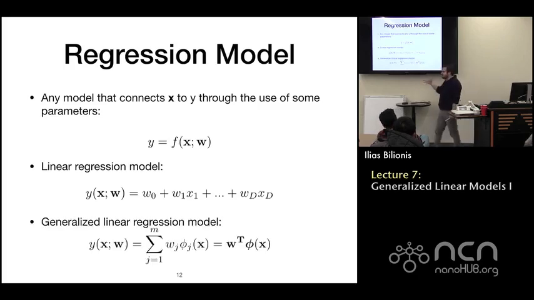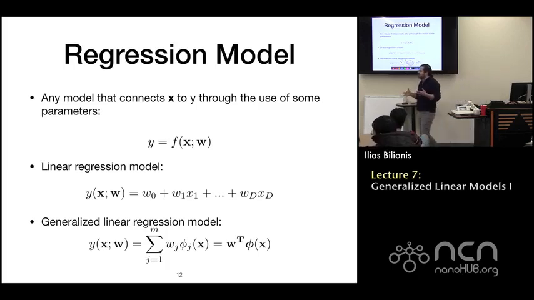Now, a generalization of that is what is known as a generalized linear regression model. This looks like the model we had before, but it's linear in the model parameters. The model parameters appear in a linear way, and that's where the linear comes from.